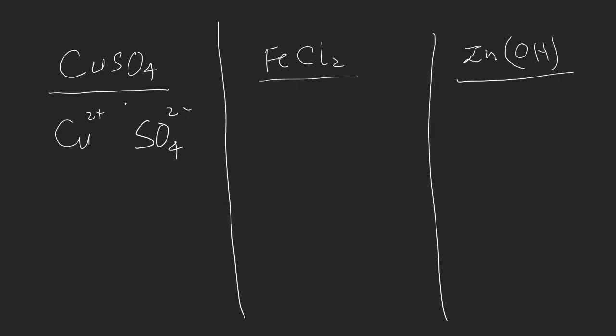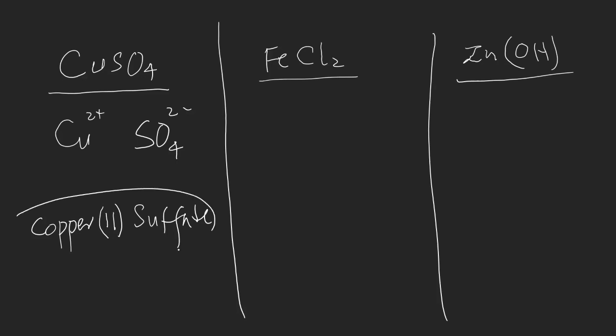Now we know that in this formula, the one copper is used with the 2 plus, not 1 plus. That's why they cancel each other and they're just 1 copper and 1 sulfate. Now we write the name like this. First you write the name copper. All right, we know it is 2 plus, so in the bracket, Roman numeral 2, copper(II). Now write sulfate. So this is the name from the ionic formula.